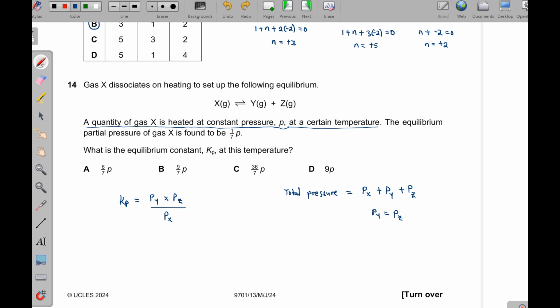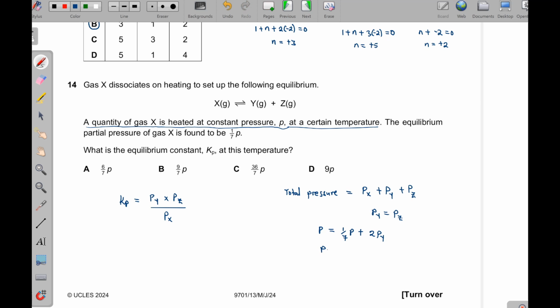Of the total pressure, constant pressure even. You see that? So, meaning we shall get here, total pressure is P, then this way, we are getting P of X is 1/7 of P. Then here we are having 2P. I can say 2Py because these two are the same. Okay.